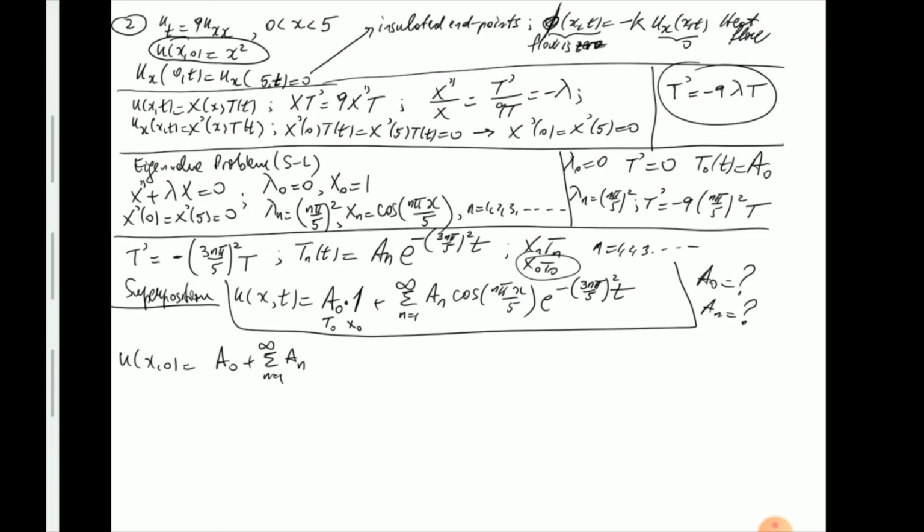If I replace t with 0, e to the 0 is 1, so you're left with cosine of n pi x over 5. And this should match x squared. So the question is, you need x squared as a Fourier cosine series on the interval 0, 5.